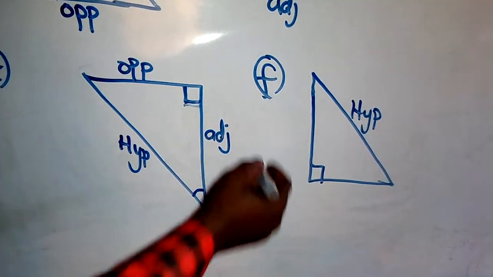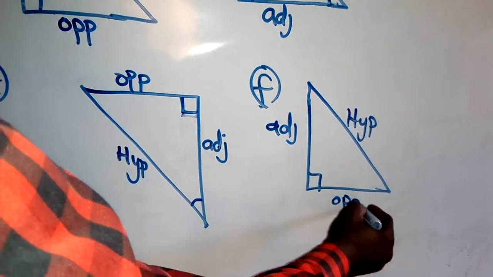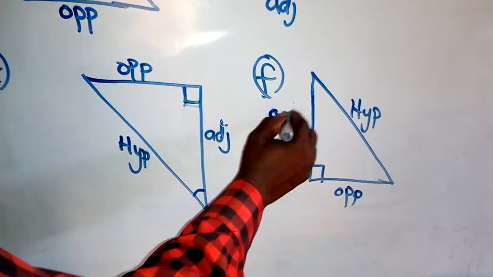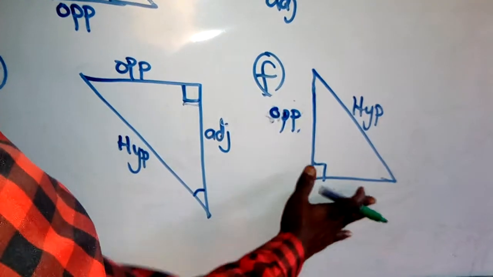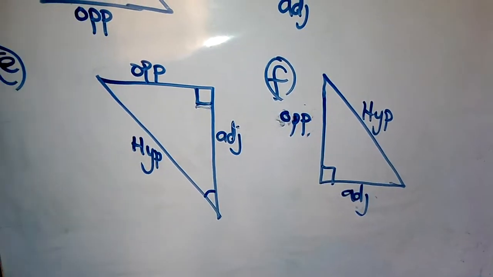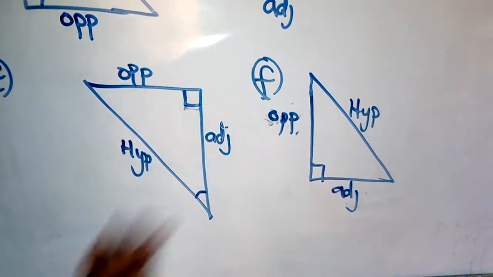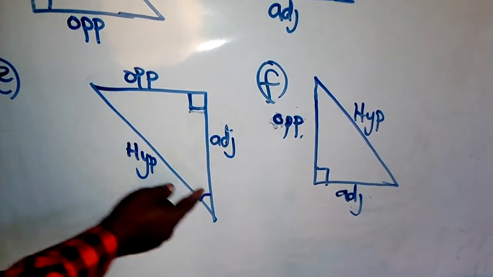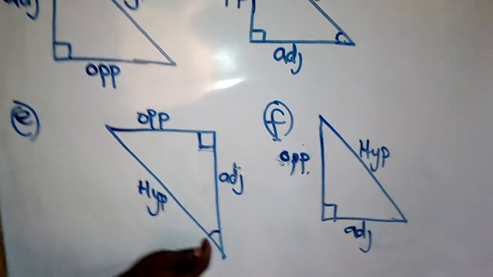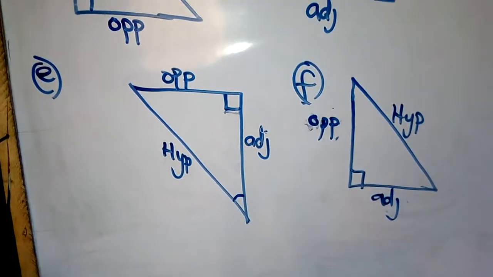So you can decide to say this is your adjacent and this is your opposite, or you can decide to say this is your opposite and this is your adjacent. You have the liberty simply because there is no angle indicated. But if there is an angle indicated, then you know that the side which faces the angle is the opposite.